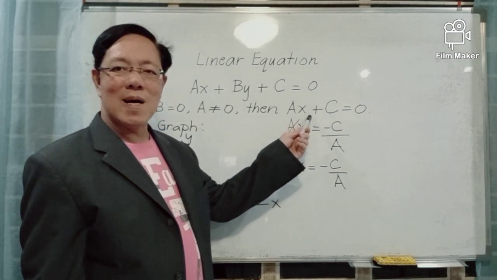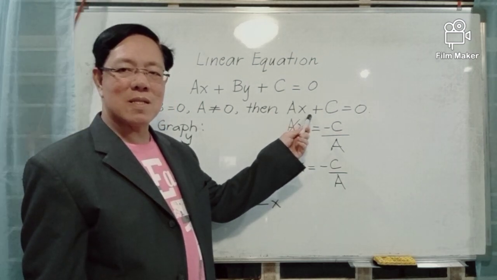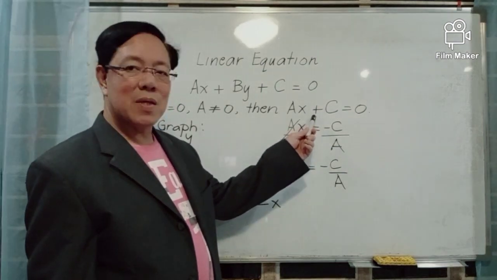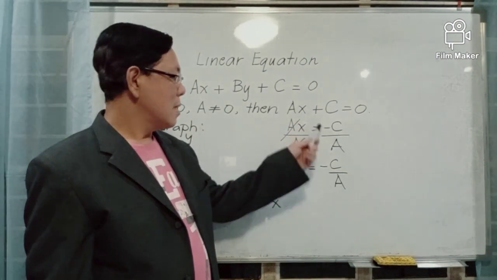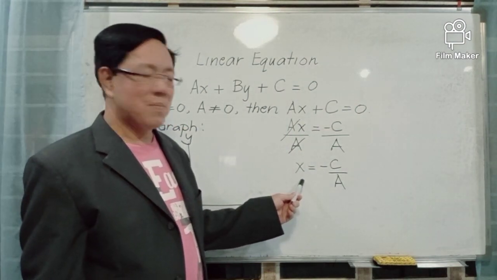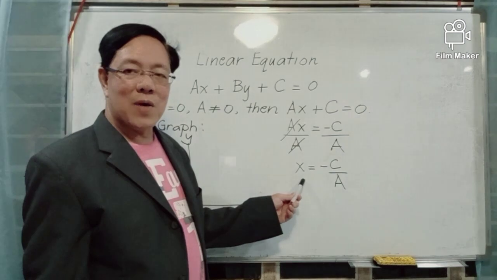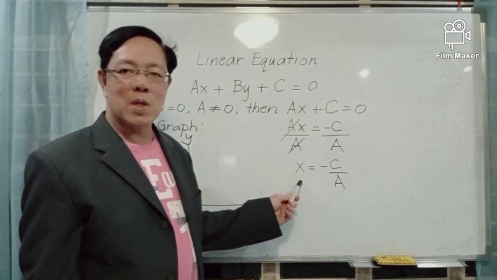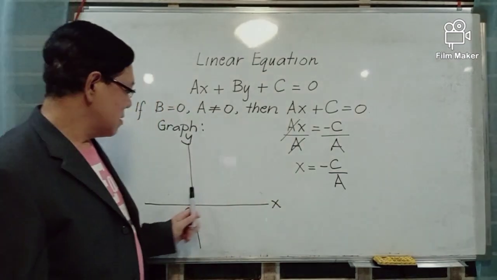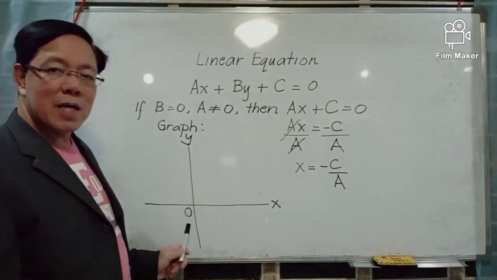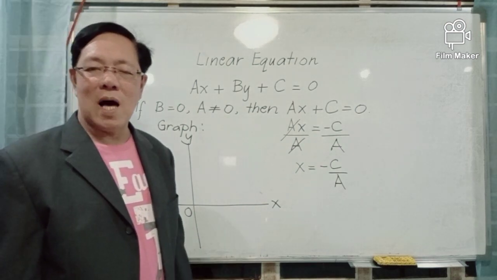We assume that this constant term is negative. Hence, the value of x here will be positive. And if x is positive, that point will be on the positive x-axis to the right of the vertical axis.